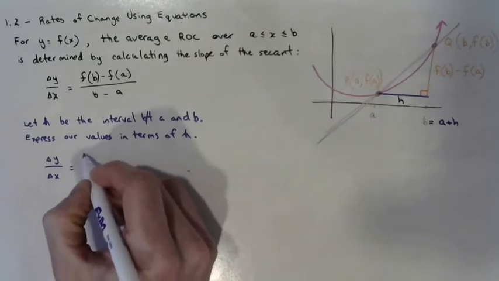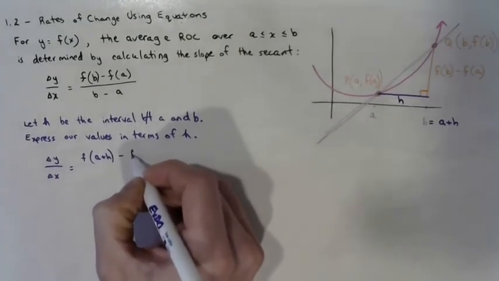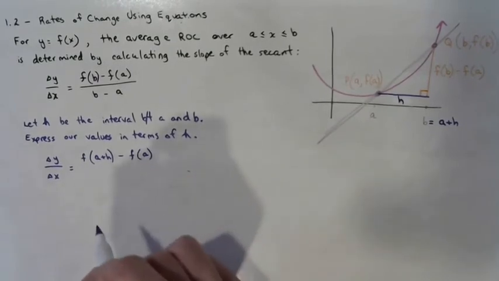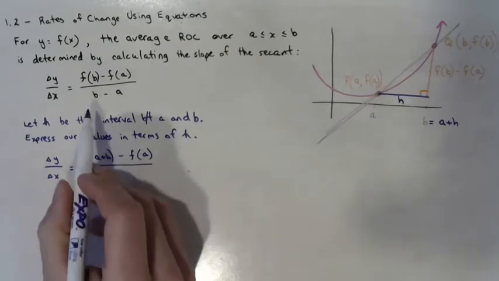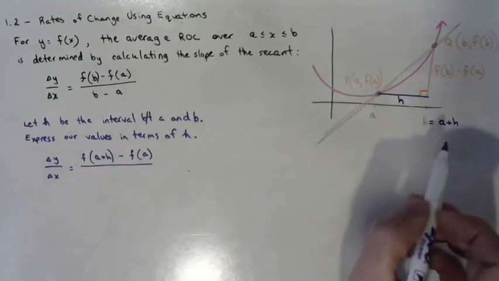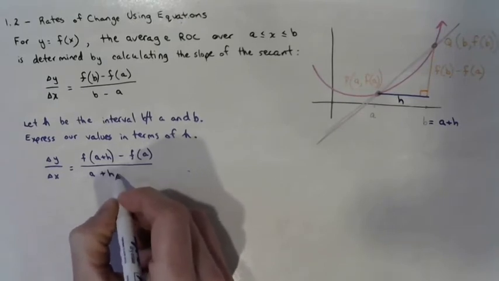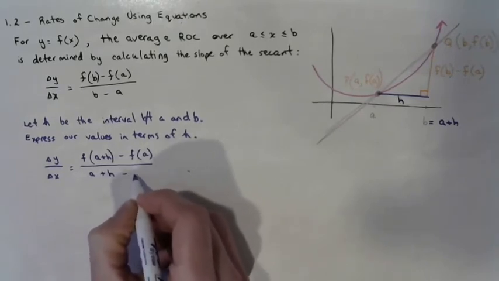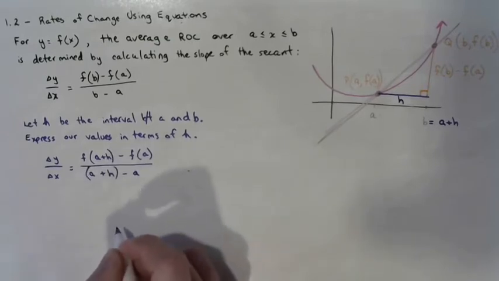So now we have the value of the function at a plus h minus the value of the function at a over, and remember, instead of going from b minus a, we're going to go a plus h minus a. Okay, I'm going to simplify that out one step further.